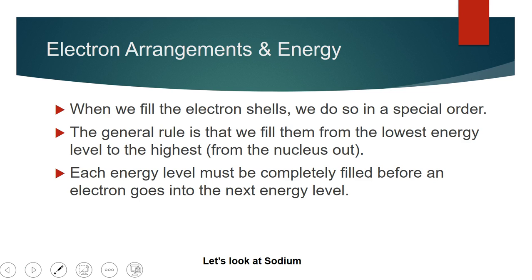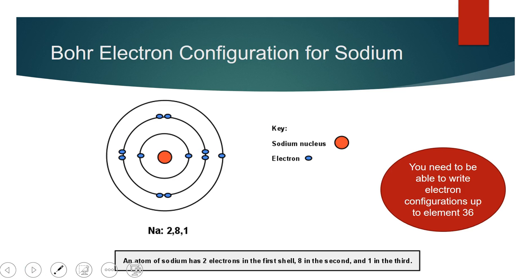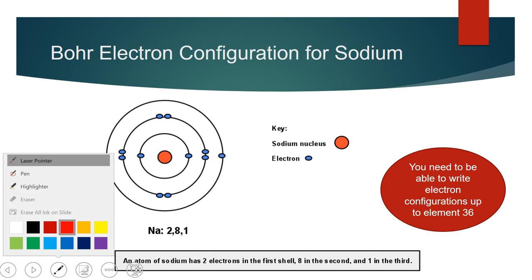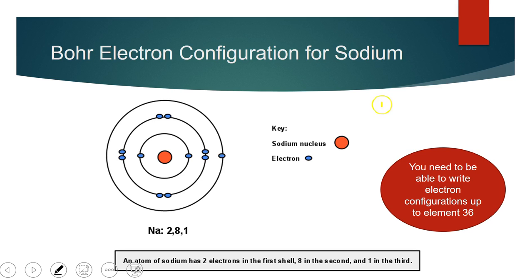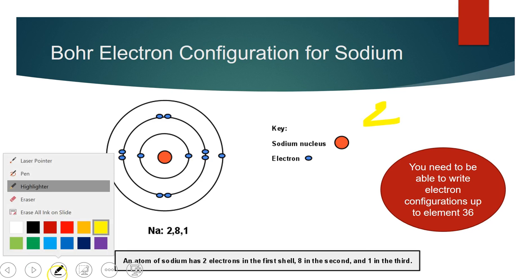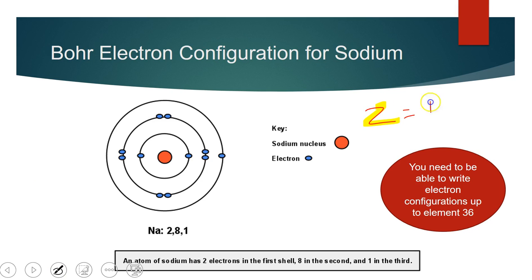When we fill electron shells, we do so in a specific order, and the general rule is that we fill them from the lowest energy to the highest energy, i.e. from the nucleus out. Each energy level must be completely filled before the electron goes into the next energy level. Looking at this for sodium, in our typical Bohr electron configuration, sodium has an atomic number of 11, so Z is equal to 11.